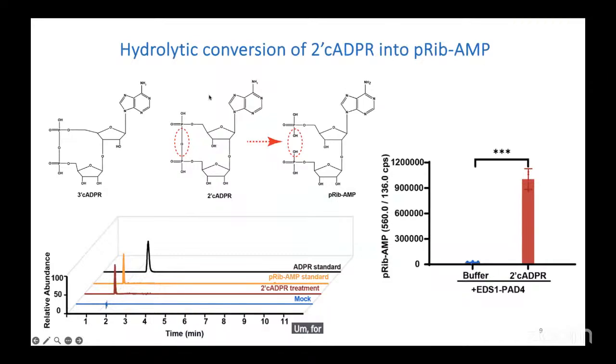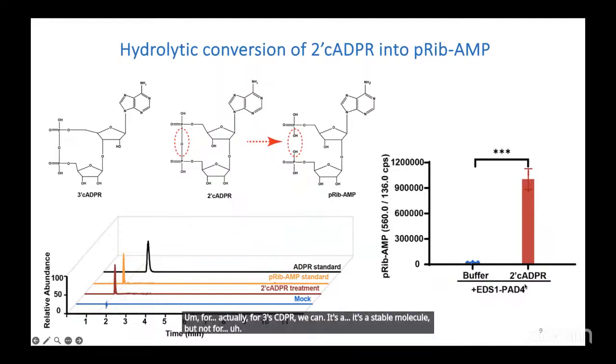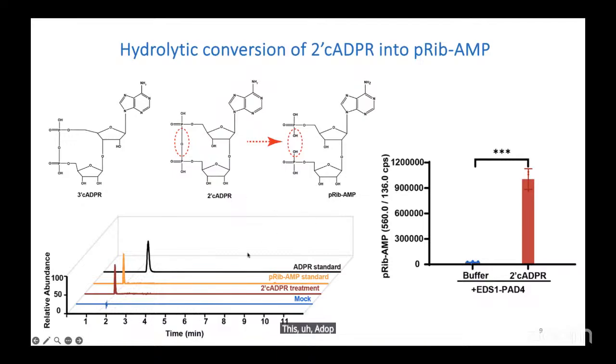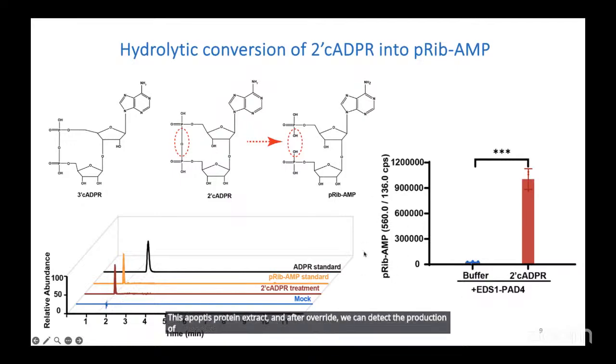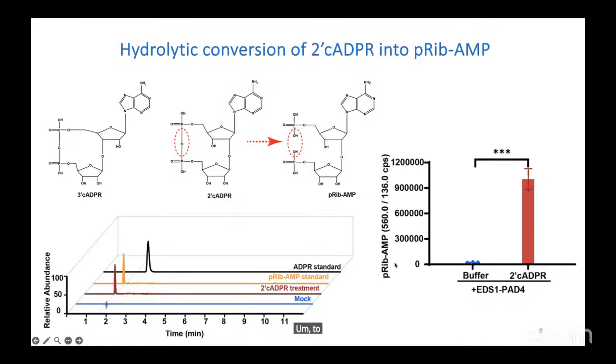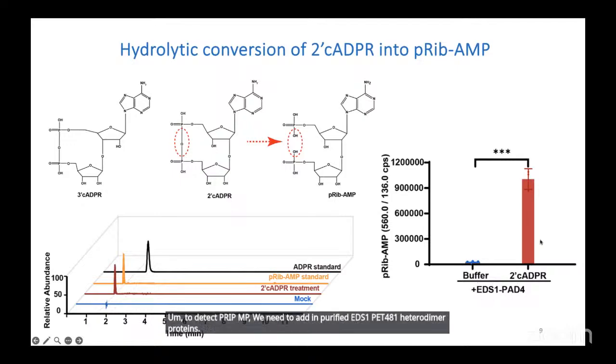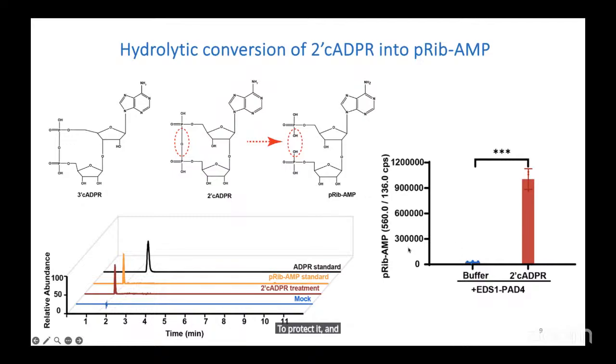For 2' CADPR, we can. It's a stable molecule, but not for PRIB and PRIBP, as you can see here. So we incubate the 2' CADPR molecule with Arabidopsis protein extract, and after overnight, we can detect the production of PRIB and PRIBP. To detect them, we need to add in purified EDS1-PAD4-ADR1 heterodimer proteins to protect it, and then denature the protein and do mass spec.